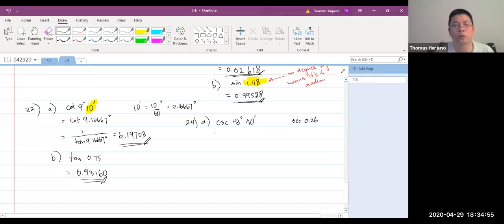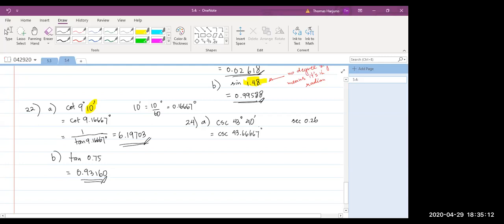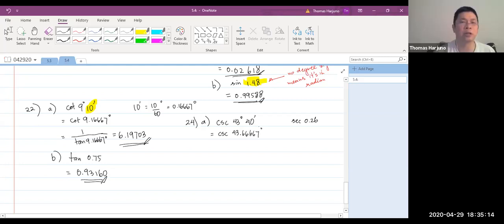Okay, so in decimal degrees, this will be 43.66667 degrees. Is it right? Yes, 40 minutes is 2/3 of a degree.